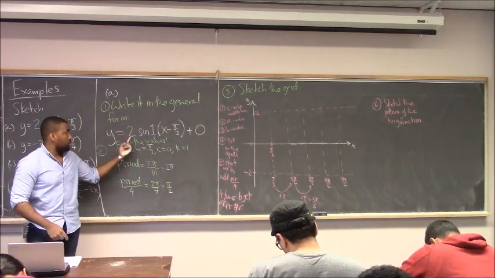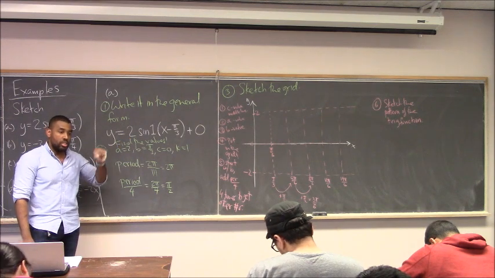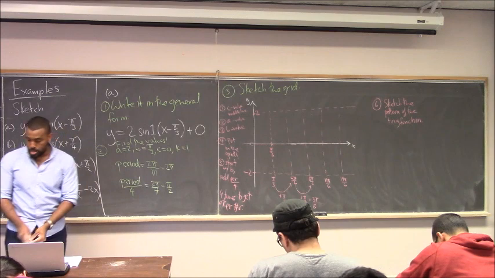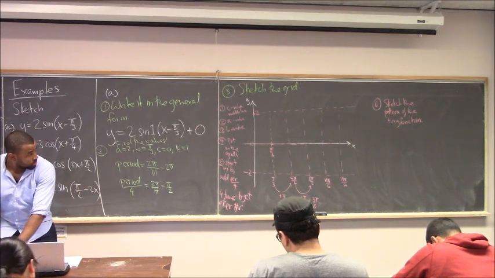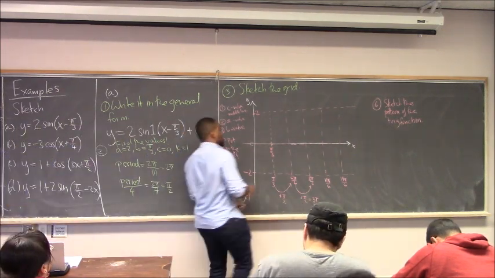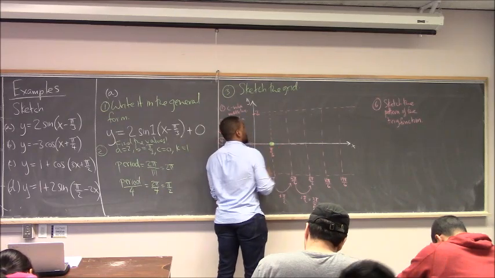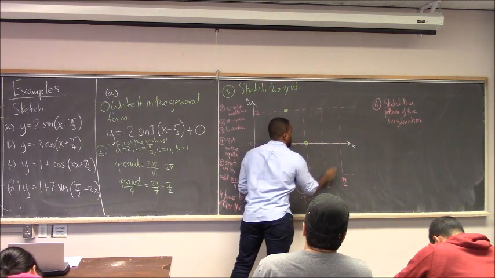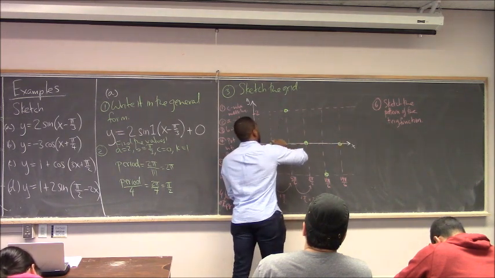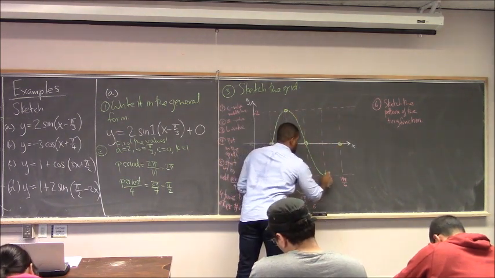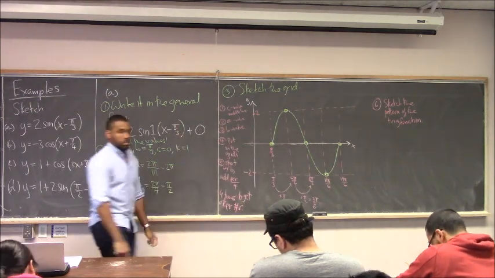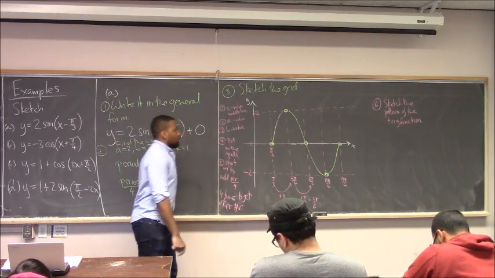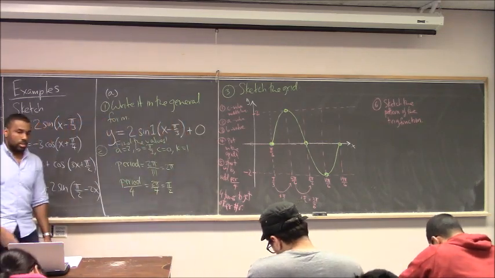As long as it's multiplied by a positive coefficient, it will start at the middle, then go to the top, then go back to the middle, then go to the bottom, then go back to the middle. So I know this guy is going to start here, then he's going to go up here, down here, here, and back here, and that is my graph. So that is the graph of this function, at least one period.